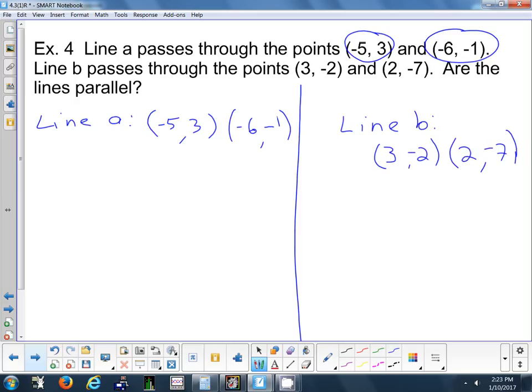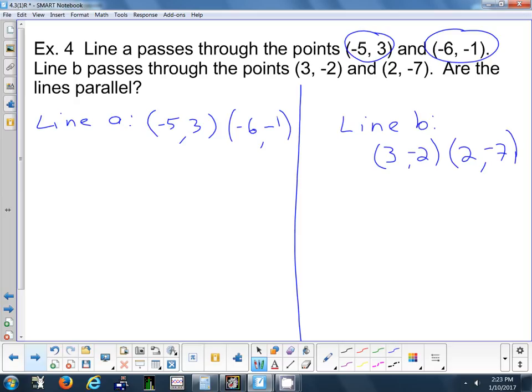Now, what are we going to do with each of these points? What do I have to do? Yeah, let's start by finding the slope. Before we find the slope, I want to ask one question. If they both come out to the same slope, does that automatically mean they're parallel?